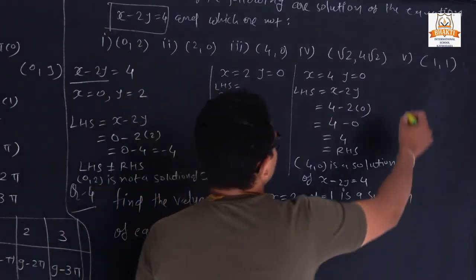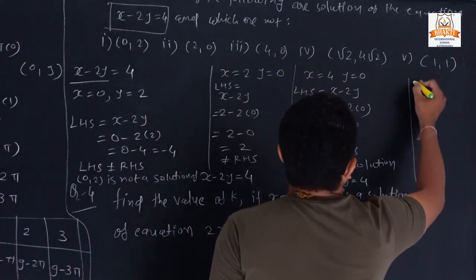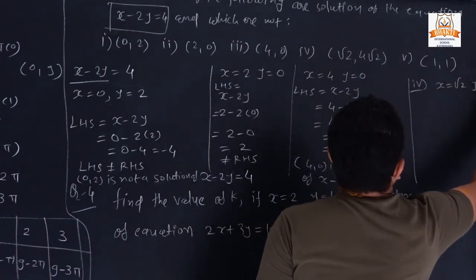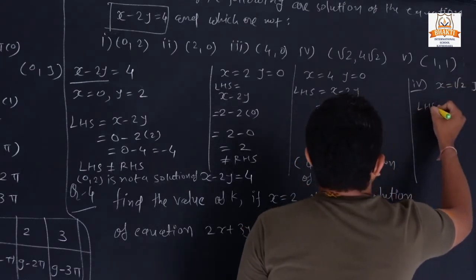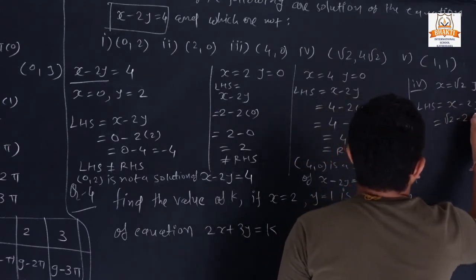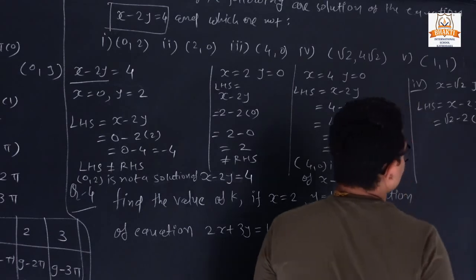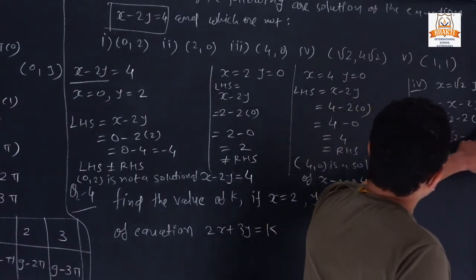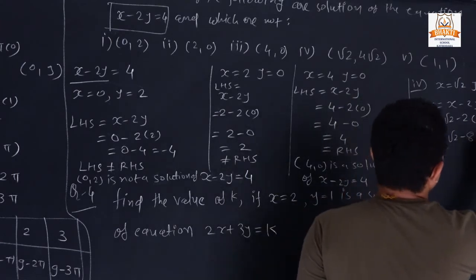Now similarly for our fourth, x is equal to root 2, y is equal to 4 root 2. Now LHS is equal to x minus 2y. So x is equal to root 2 and y is equal to 4 root 2. So root 2 minus 8 root 2.